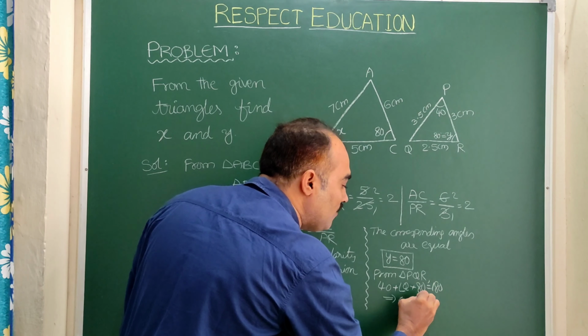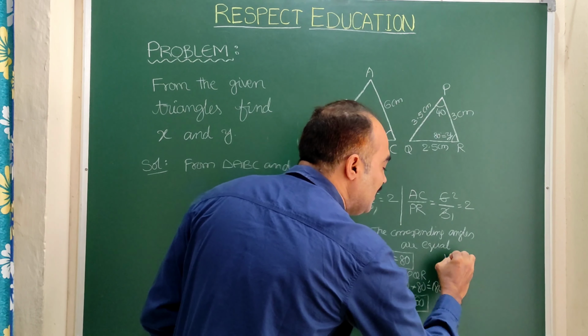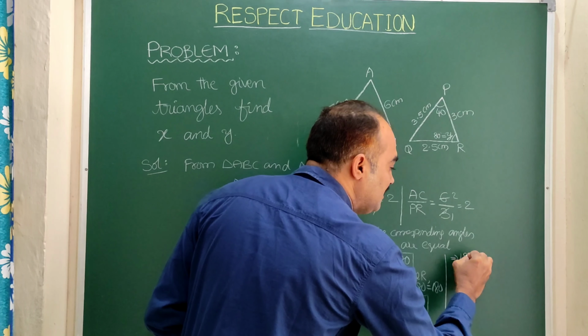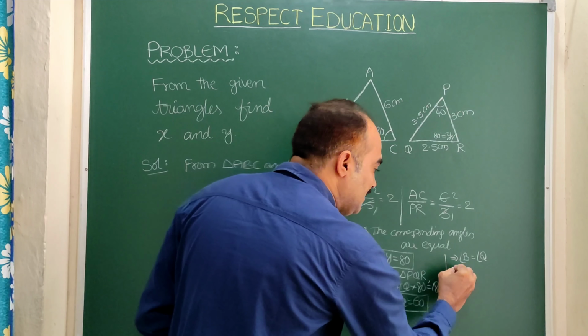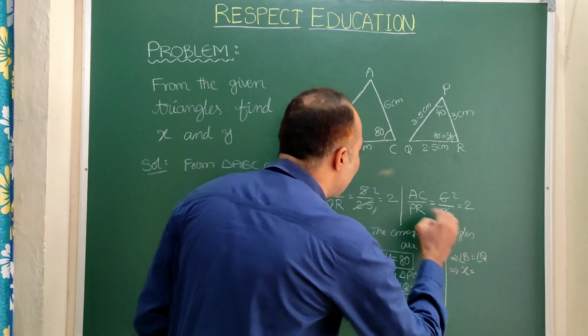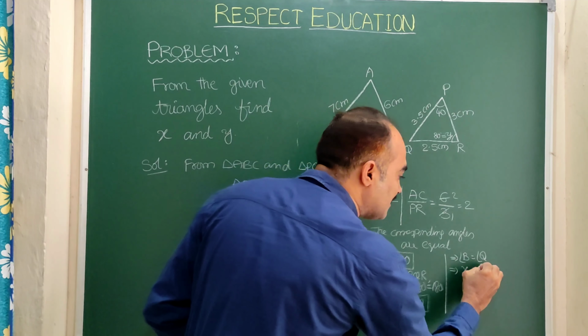Here you observe, when the corresponding angles are equal, angle B is equal to angle Q. That implies angle B, which is nothing but x, and angle Q, which we just got, is 60 degrees.